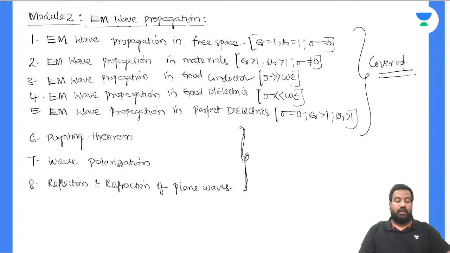Okay. So now we'll go for the comparison of different parameters when the waves are propagating through free space, through materials, through good conductors, through good dielectrics and perfect dielectrics. Let us compare here.